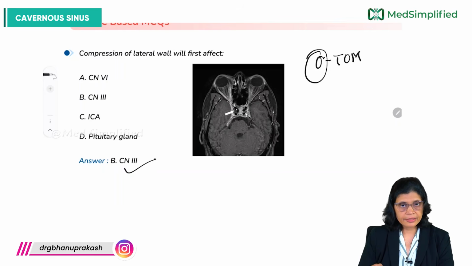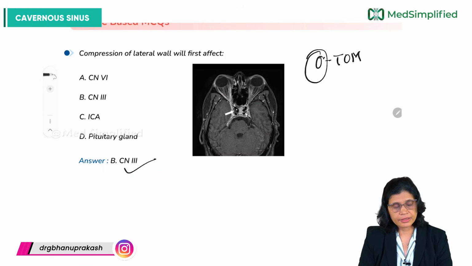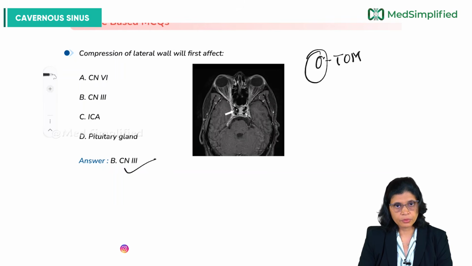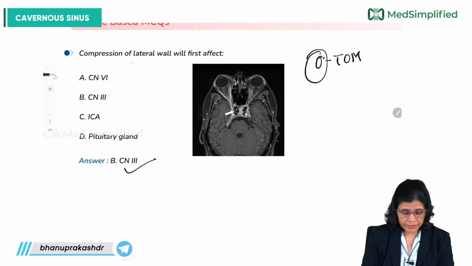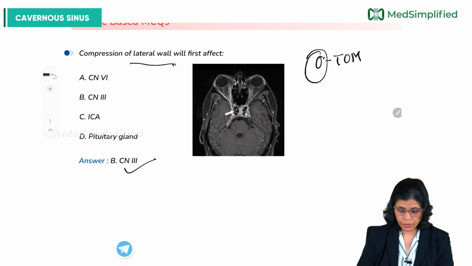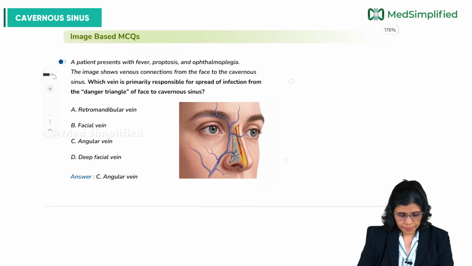Pituitary gland lies within the body of the sphenoid bone. So that is why we exclude that. Internal carotid artery runs within it, and the first choice is abducent nerve. It also runs within the sinus. So I have said compression of the lateral wall. So the right choice here will be the B.